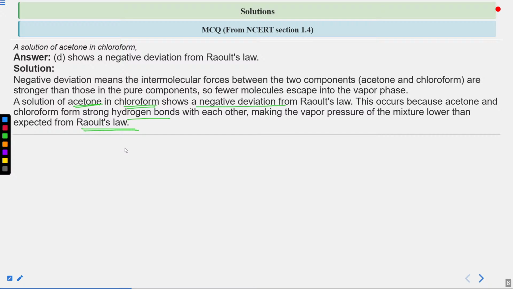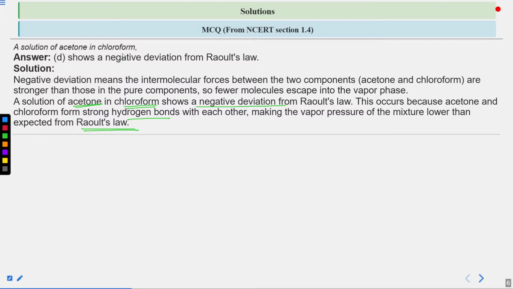Raoult's law is used for defining the relation between the vapor pressure of different components. If you take the solution of acetone in chloroform, it will show negative deviation due to the presence of strong hydrogen bonds between acetone and chloroform, which makes their attraction stronger than their pure component interaction, which will decrease the vapor pressure.